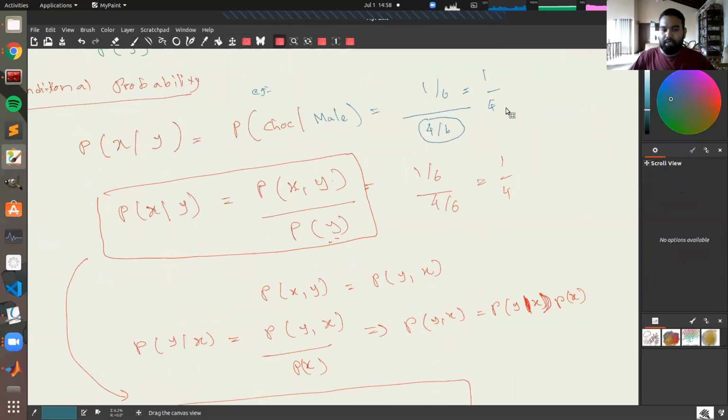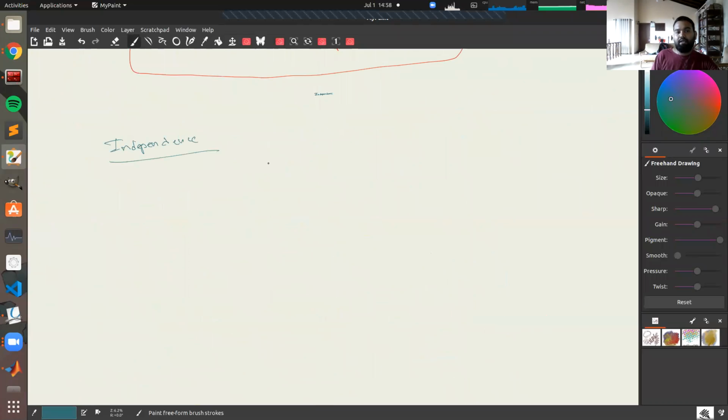Okay, so let me write that. If two events are independent, the joint probability of them occurring is Px into Py. So let's take that example of first you roll a dice and then you flip a coin. Rolling a dice, you get 1/6 of a probability, and flipping the coin, you get half of a probability.